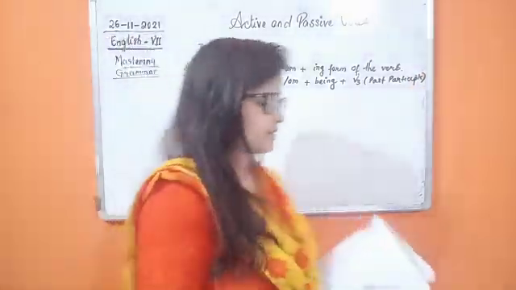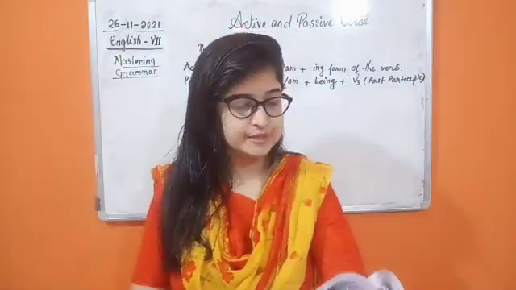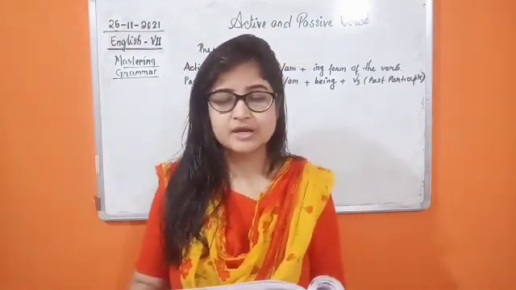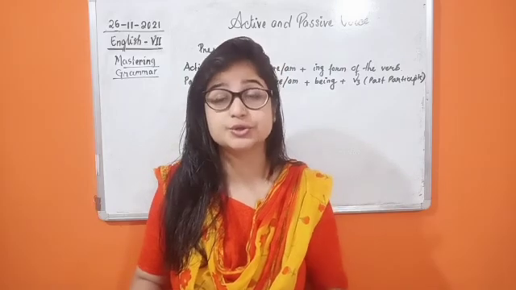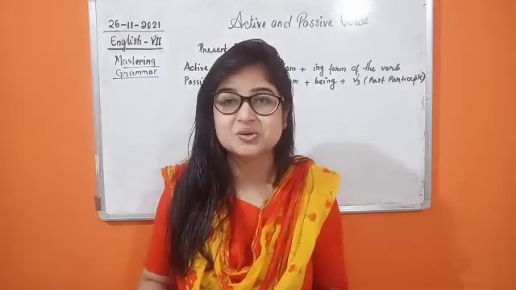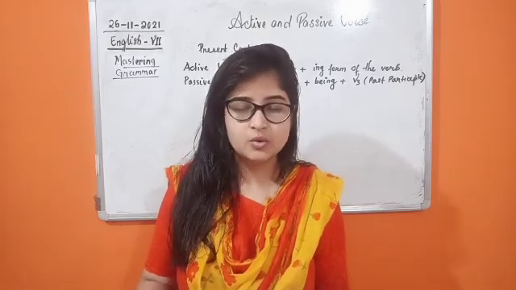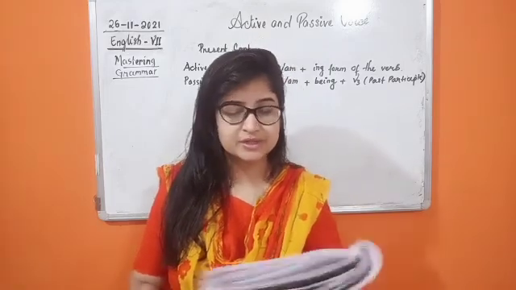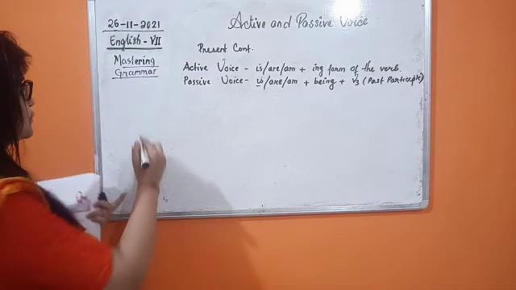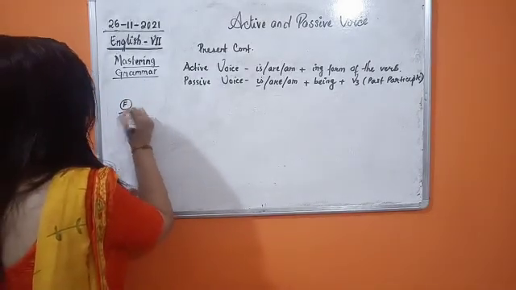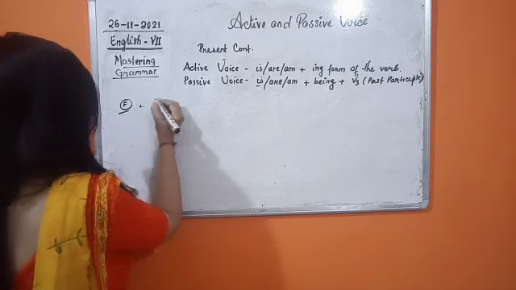Now let's see, we have an exercise that follows. Change the following sentences from active to passive voice. The company is launching a new project. So you see this active voice, who is launching? The company only. Now how are we going to change it? Let's write it down. So you have this exercise F, number 1.